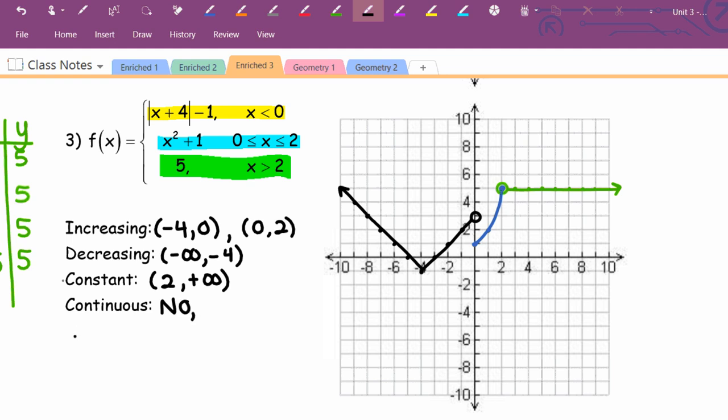So I say that there is a discontinuity when x equals what value? Why is it not discontinuous at 2?